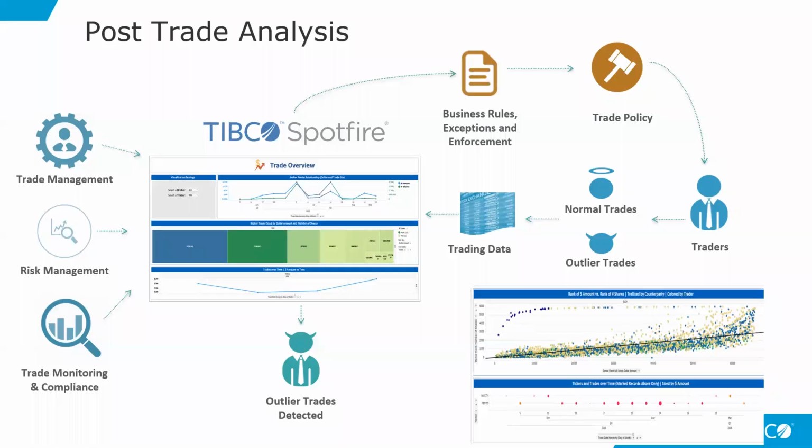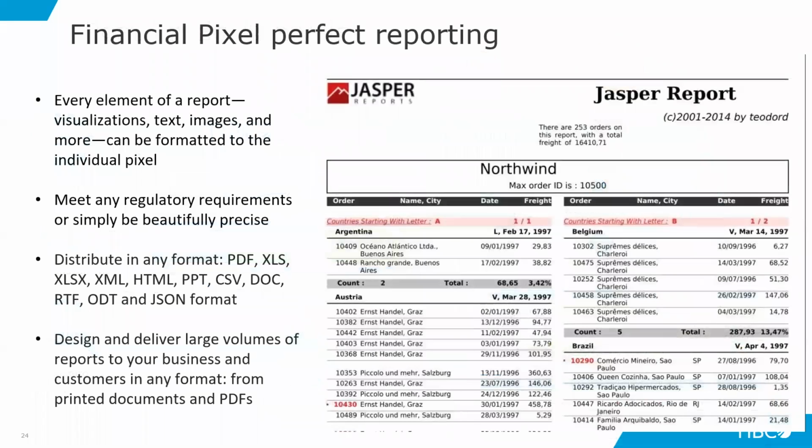The last is that a lot of people want to do reporting. Financial reporting is again a very critical part. We have the capability to build pixel-perfect reports, and those reports can be generated and sent automatically to thousands and thousands of users if you want.